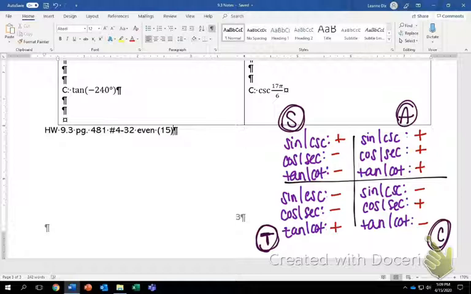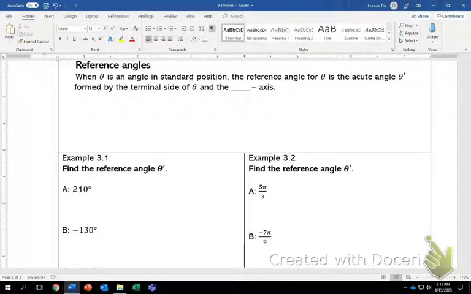So I teach this as all students take calculus, and that helps people remember the order of positive answers: all of them are going to be positive, the sines are going to be positive, and the reciprocal of sine, which is cosecant. The tangents are going to be positive, then the cosines. So hopefully that can help you remember which values should be positive as you're doing this, and you're not making as many mistakes.